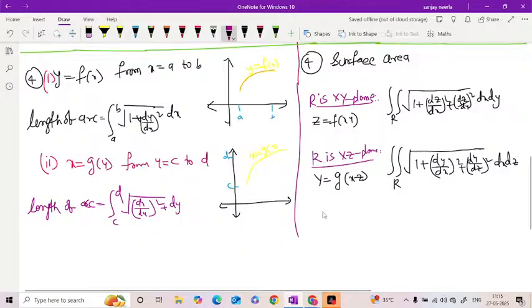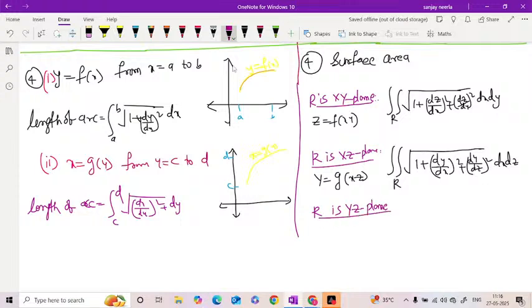Similarly, suppose the region is the yz plane. Then I am taking x equal to a function of y comma z.